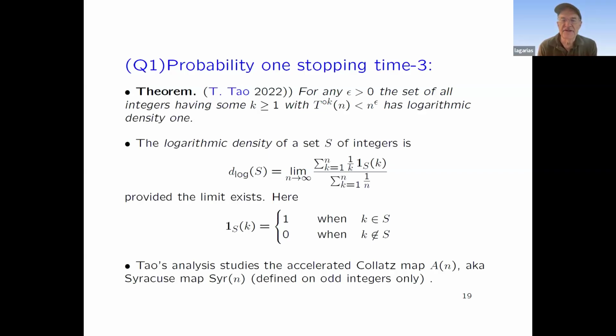The logarithmic density is, as we've I think already had in at least one talk, you weight things by 1 over n, and then you scale the whole sum by 1 over log n, provided the limit exists.